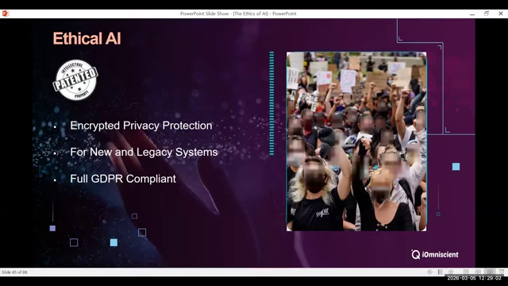Well, we've encrypted the redaction so it can't be removed, but we provide a key to authorize people. So if there's a murder in the shopping mall, then an authorized person can come in and reverse the redaction. And that makes it fully GDPR compliant. What is GDPR? GDPR is the European legislation on privacy, which is perhaps the strictest privacy protection legislation anywhere in the world.